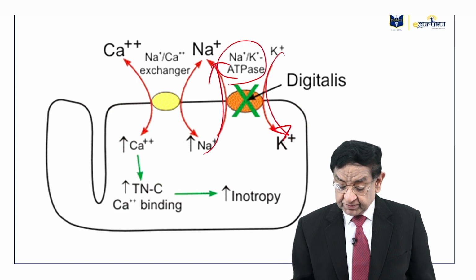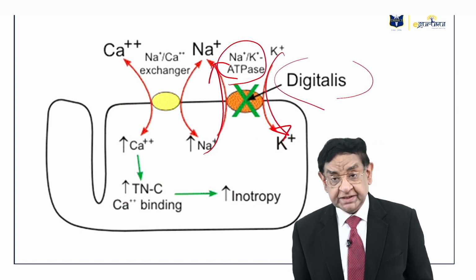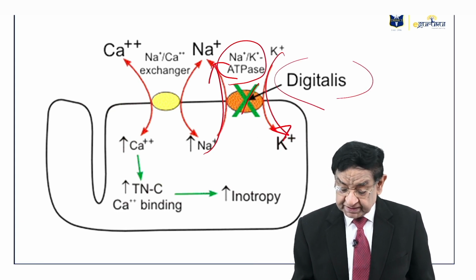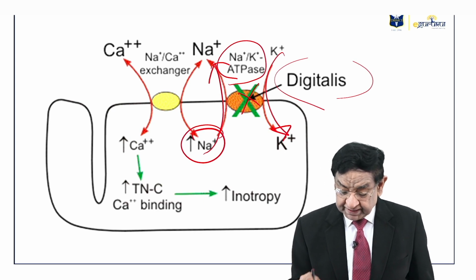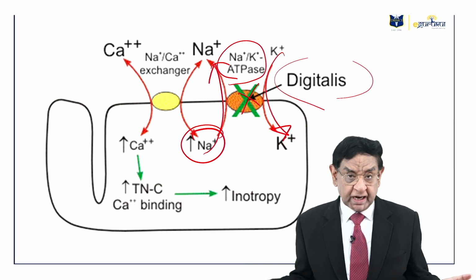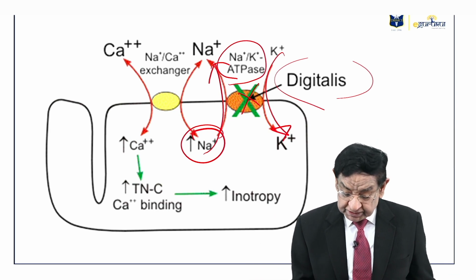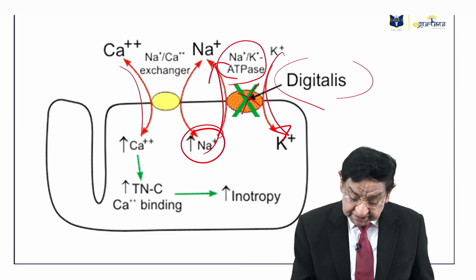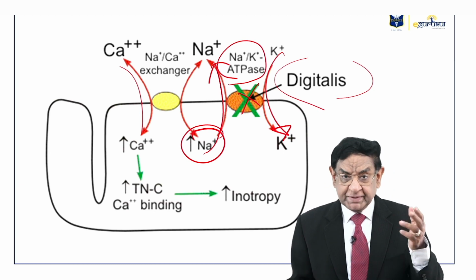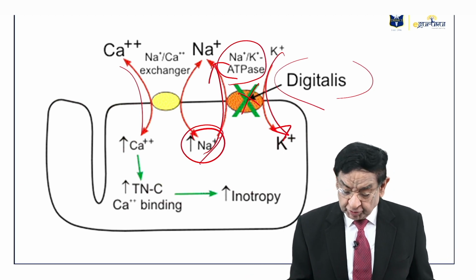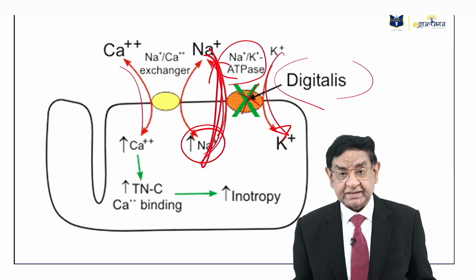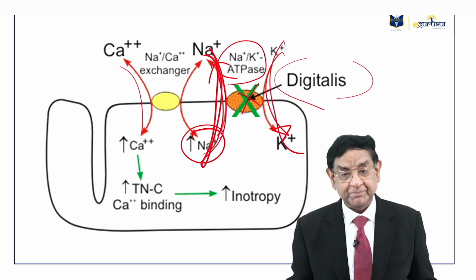Now, when we give digoxin or digitalis, this inhibits the enzyme sodium potassium ATPase. Sodium will remain in the cell because it's not going out. So now this sodium will go out and calcium will come in. To simplify the subject, initially sodium was dating with potassium.